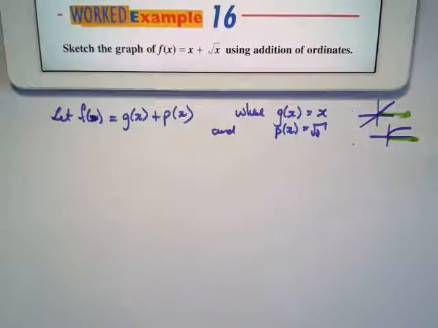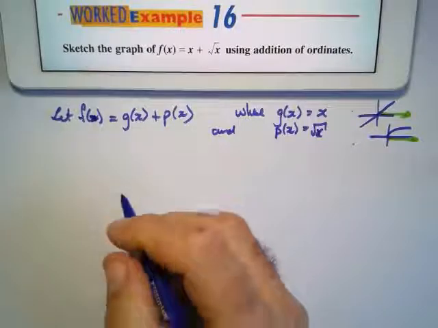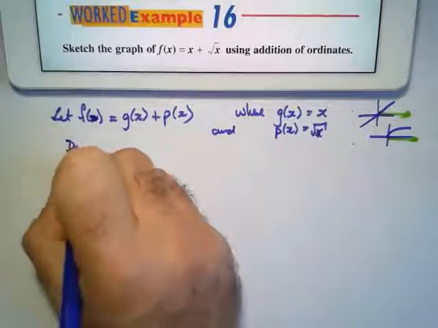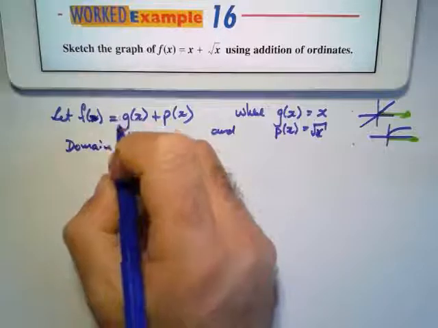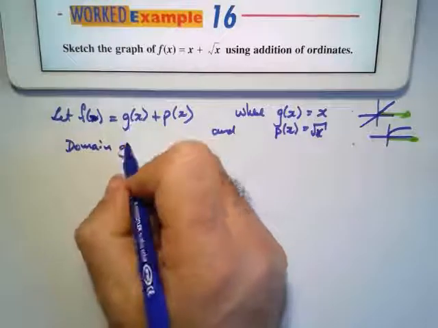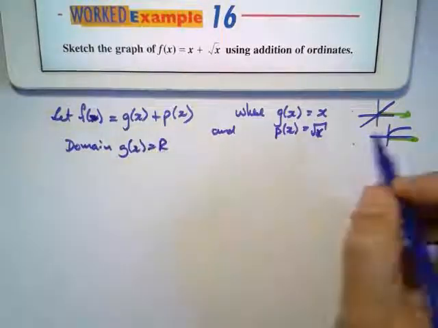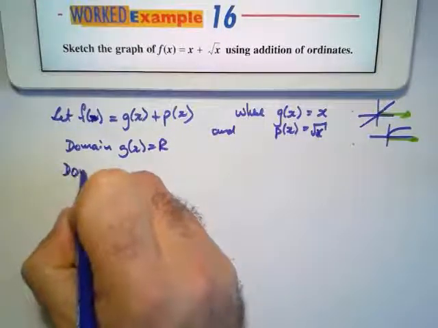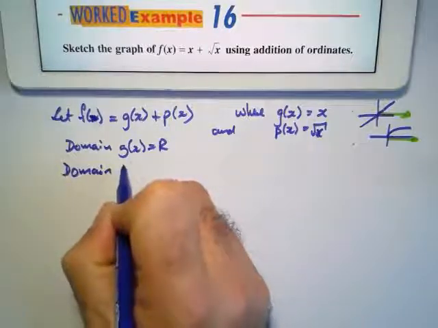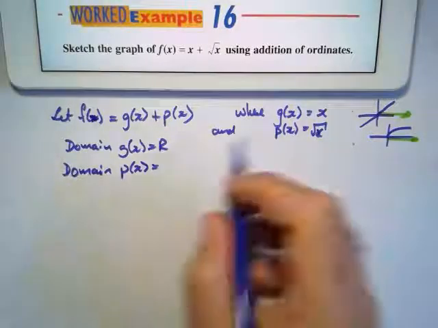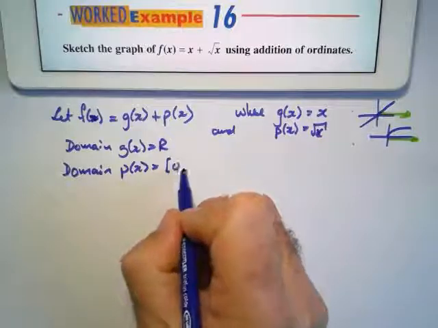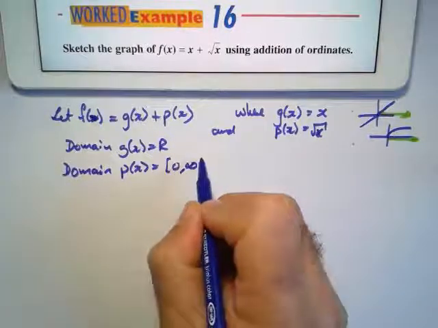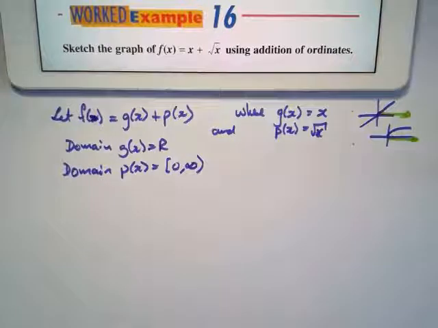Okay, so what I'm going to do, let's square root x. So what I'm going to do is say the domain of g(x) equals all real values, domain of p(x) equals from 0 to infinity, including 0, excluding infinity.